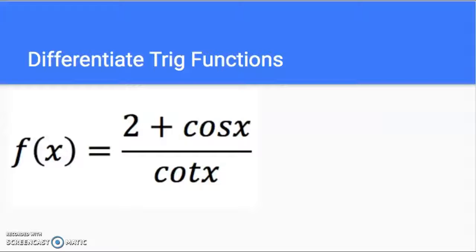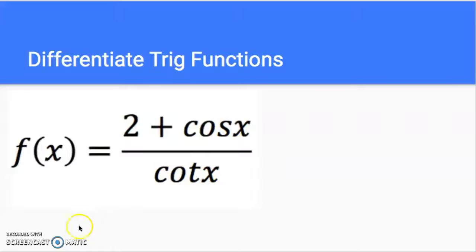Okay, here's another example. When you look at this, first of all, you're going to notice the trig. So we know we're going to use trig derivatives. Also, I want you to notice that it's a quotient. So we're going to have to use quotient rule because we've got a function 2 plus cosine x on top, and a function cotangent x on the bottom.